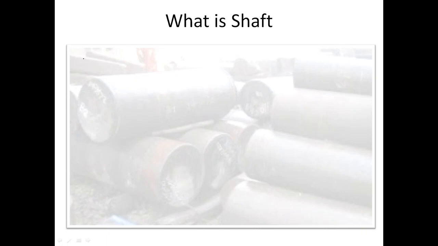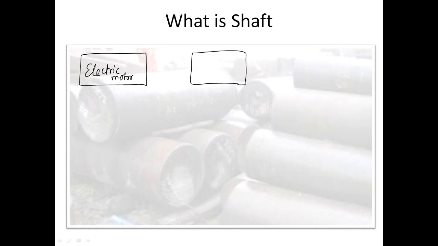So for example, let us consider an electrical motor here. It consists of a shaft, that means it is mounted in housing, where it carries a rotor here. So the shaft is now connected to this water pump.